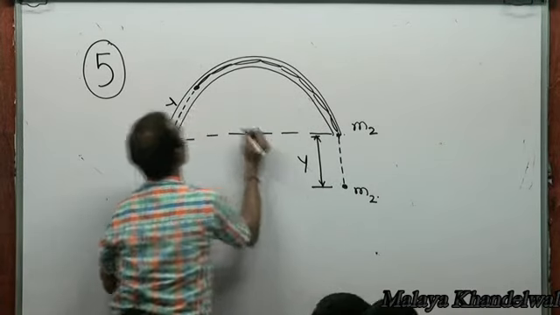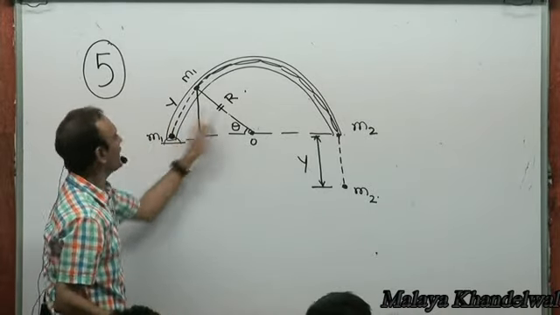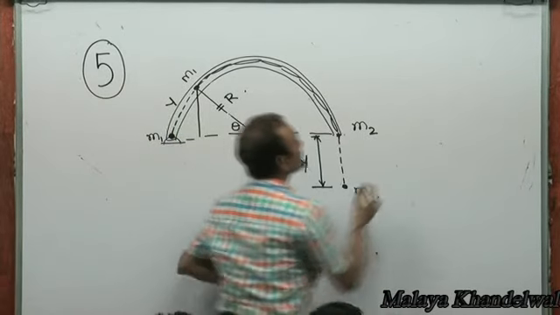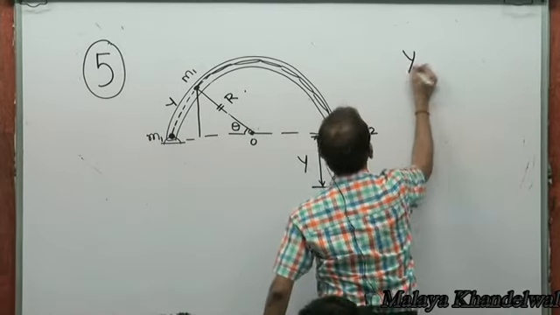Why is theta known? Because y is r theta, isn't it? Arc length is r into theta. So theta will be y by r, where y is the amount that m2 descends and it's the arc described by m1 in the circular tube. How about it? Do you understand this?